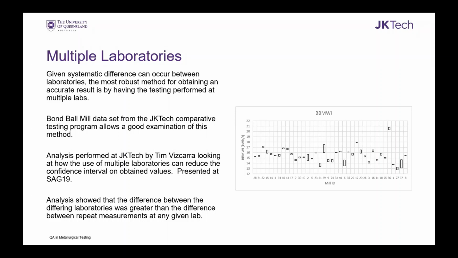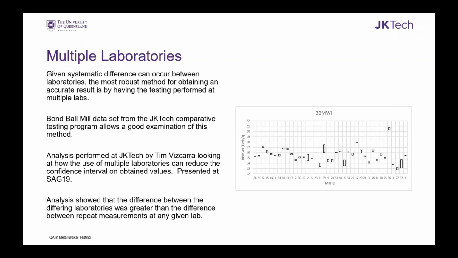Our analysis from this showed that yes, there are actually systematic differences between laboratories. So if you send a sample to one laboratory, you will get consistently different results to if you sent your samples to a different laboratory.